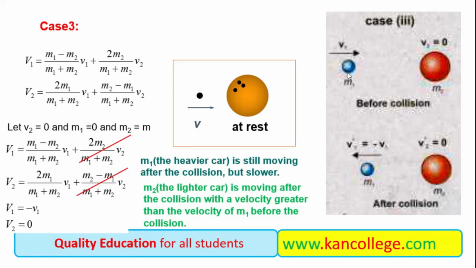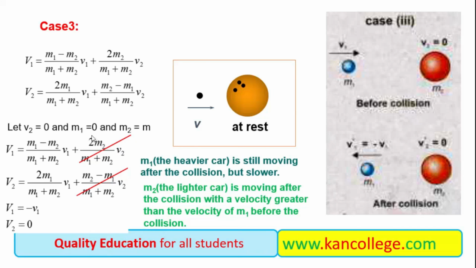It is lower in mass. The value of m1 is very small compared to m2. In this case, if you apply the values, as v2 is zero and m1 is almost negligible, by putting the values we get the result.